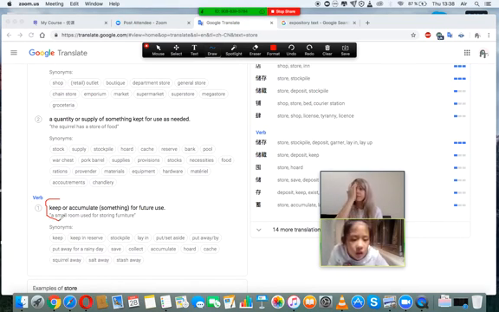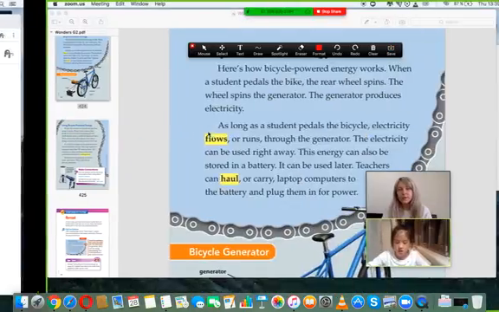Keep or accumulate something for future use. And a small example, a small room used for storing furniture. And now let's continue with the next example.